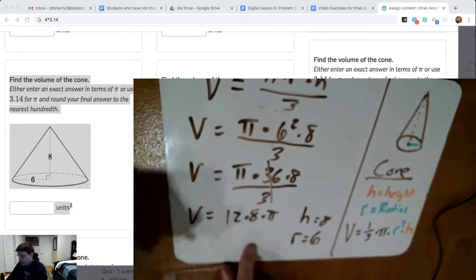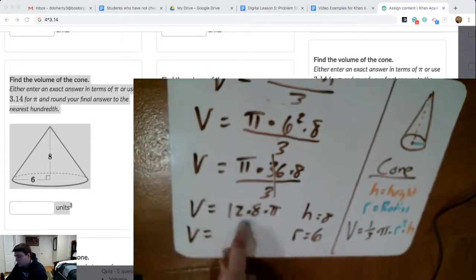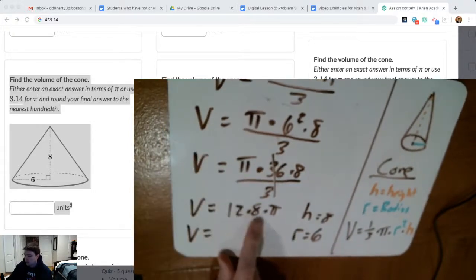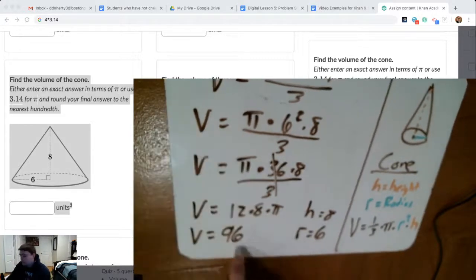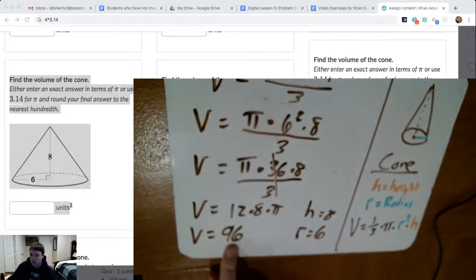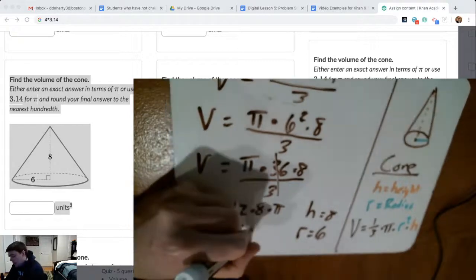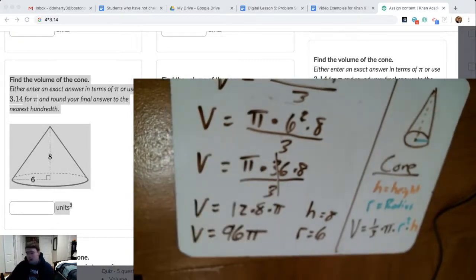12 times 8: if 10 times 8 gives us 80, then 12 times 8, 2 more copies of 8, is going to give us 96. It's 80 plus 16. You could also use a calculator. That 96 needs to be multiplied by pi. If I choose to multiply pi out, they've told me to use 3.14 for pi, so I would take 96.